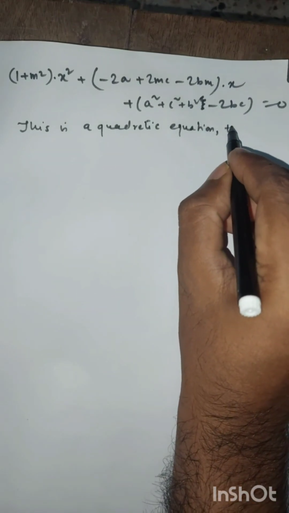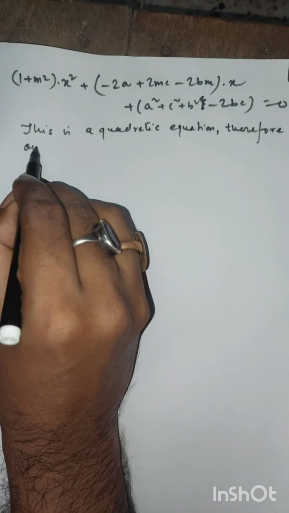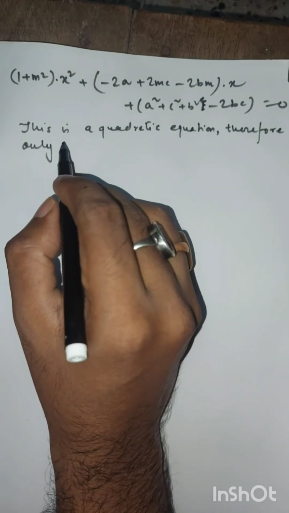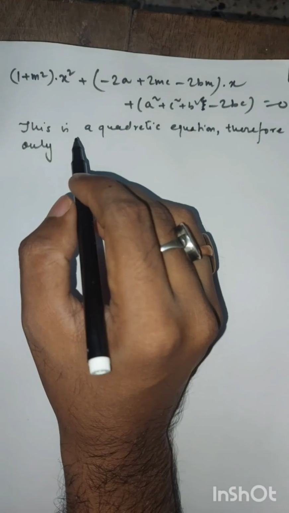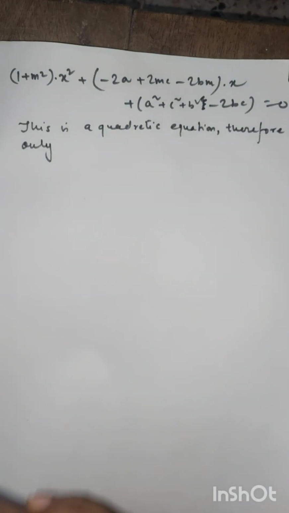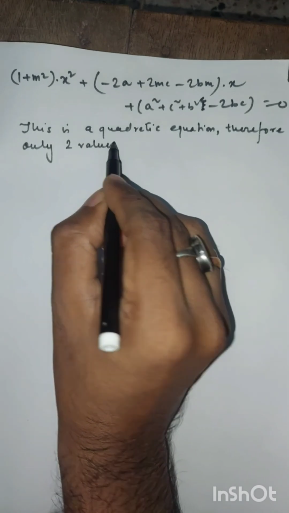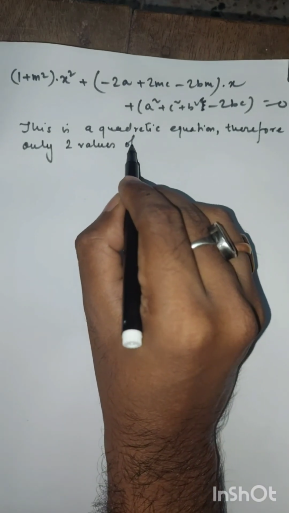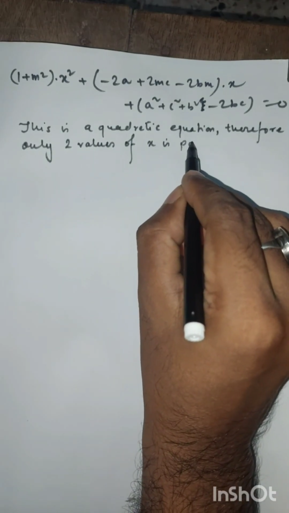Therefore, only two values of x are possible.